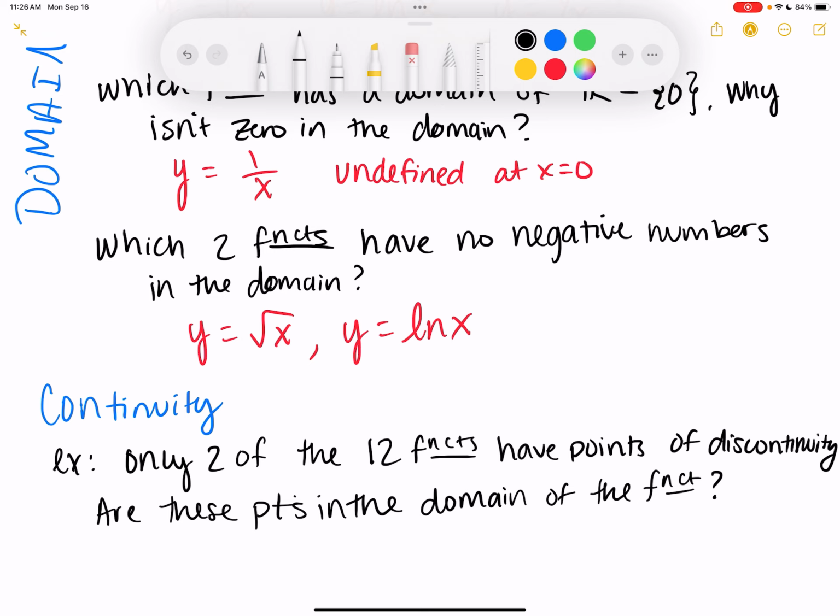So which two functions have discontinuity? It can be like a single point, or it can be like multiple of them. So basically, which ones are not one continuous flowing piece? Greatest integer. Yes.